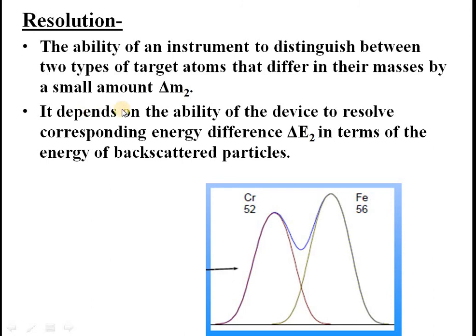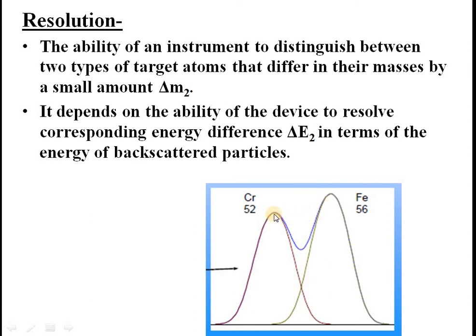This resolution depends on the ability of the device to resolve the corresponding energy difference delta E2 in terms of the energy of the backscattered particle. Because for the chromium target and the iron target, each has its own energy loss. When the projectile hits the chromium nucleus, the energy loss may be different from when another projectile hits the iron target.